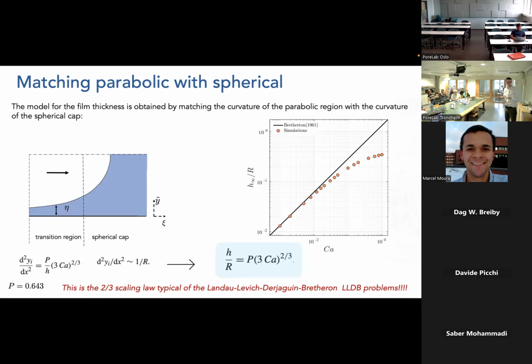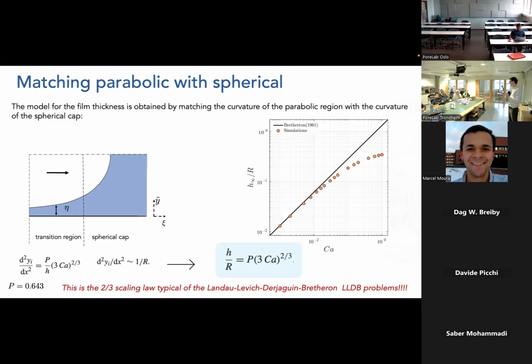And by matching the two, we are connecting the spherical cap with the film region. If you do the math and the matching, I'm just reviewing the result, you get the expression for h over r, which is equal to a number, which for the Bretherton case is 0.643, which multiplies the capillary number to the power of 2/3.